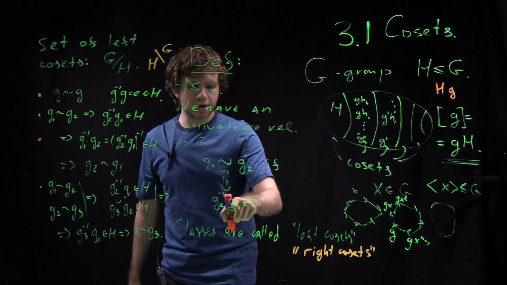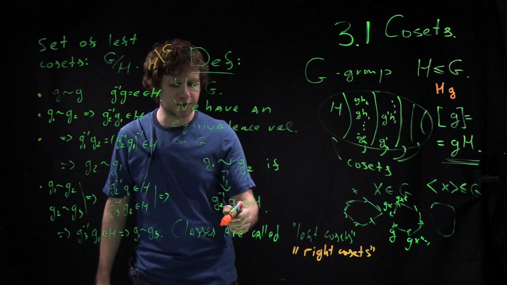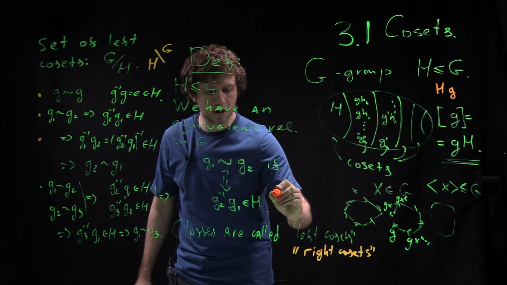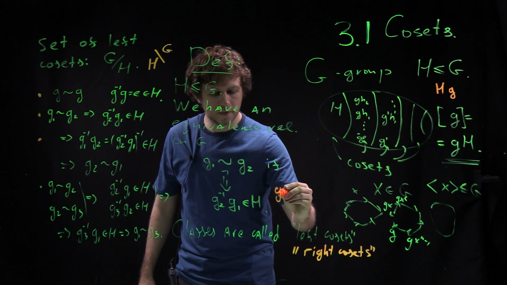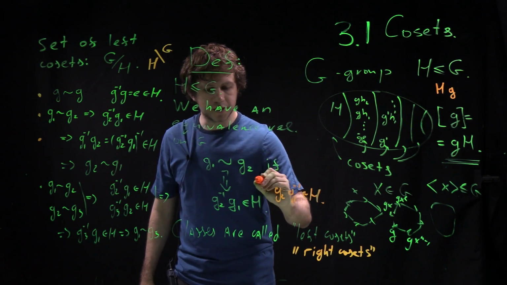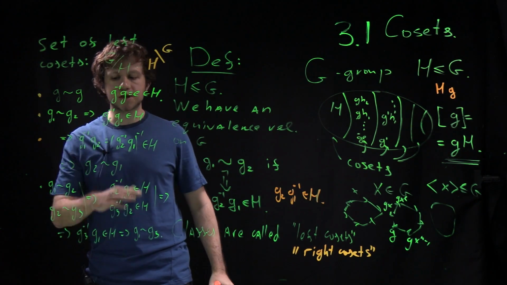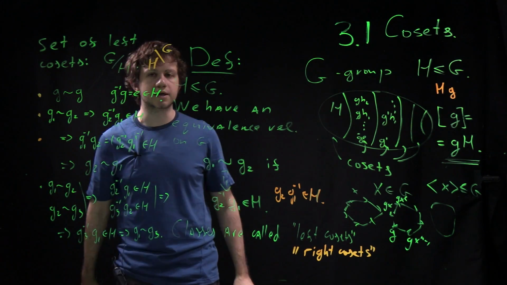And here, definitely I should do something different, so why don't I just do G2, G1 inverse is in H. It will be a completely different equivalence relation, but it is also an equivalence relation, as one can easily see.